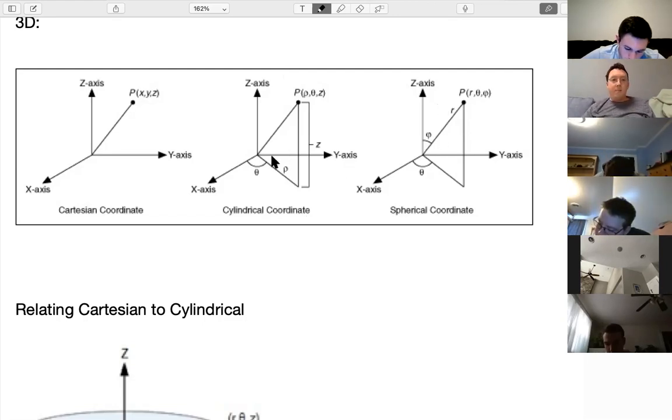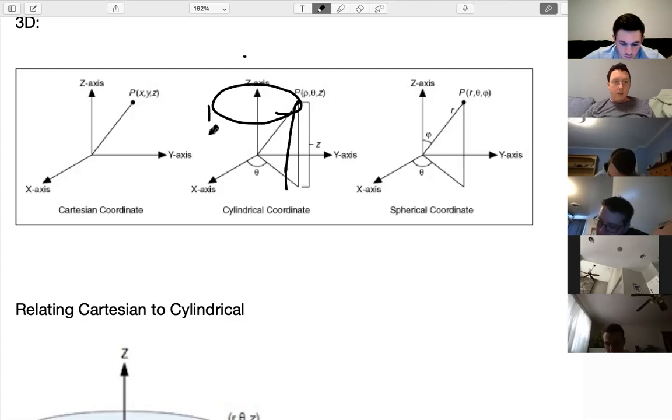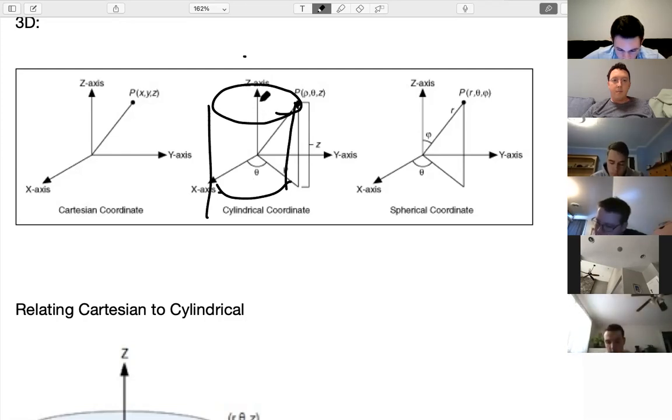If I was going to draw this, I pick a point in 3D and imagine a cylinder that this point is inscribed on, and you're describing the point according to the radius of the cylinder, the angle associated with the point, and the height above the XY plane.